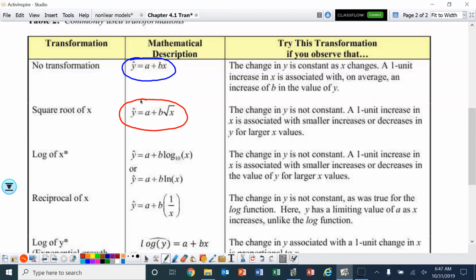Down here, the log of x. So you can see we've got the base 10 in there. So y hat equals a plus b log base 10. Again, you don't need to put the 10 on there. The calculator is already in base 10. And then we can also use natural log, like I said on that other page. Y hat equals a plus b natural log x.